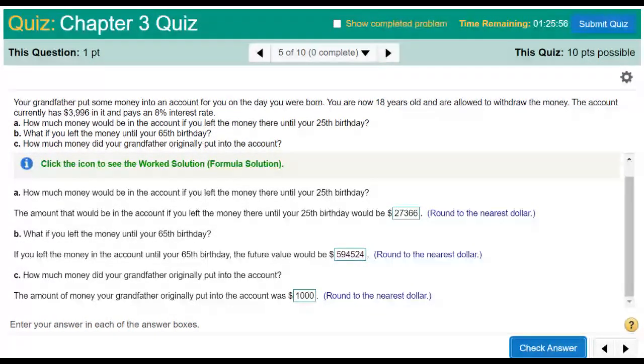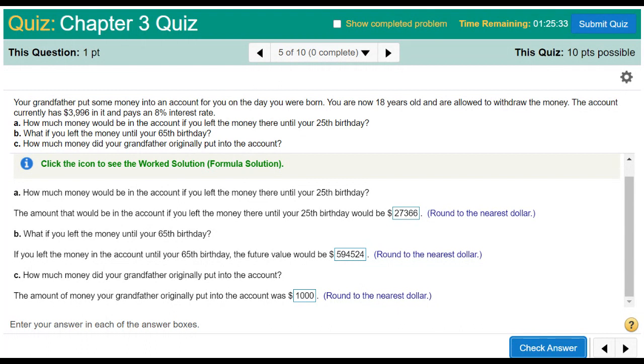N on the first one equals 7, right? I/Y equals 8.